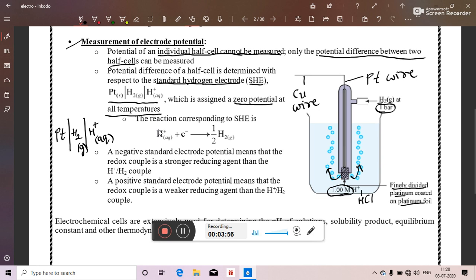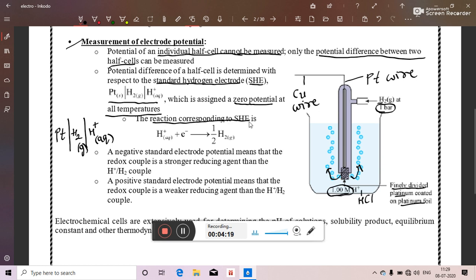So whatever potential is measured by the potentiometer will be the potential of the other half cell. In that way, by connecting the standard hydrogen electrode, we can find out the potential of an individual half cell.